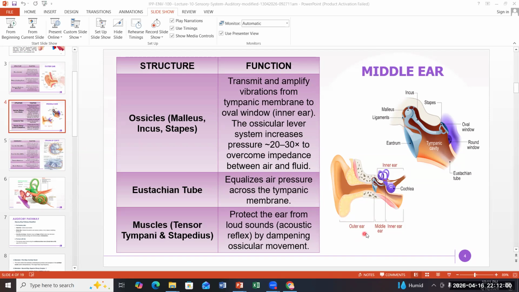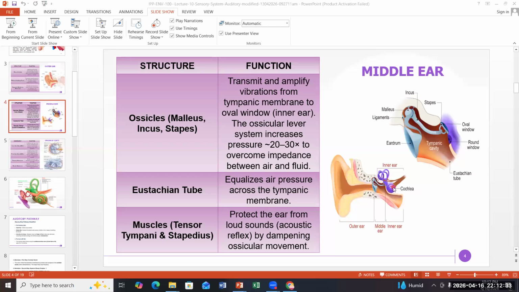the human ear is divided into three parts: outer ear, middle ear, and the inner ear. So the previous slide that was focused on pinna and eardrum, we have already covered. These are the part of outer ear. But if we are focusing on the tympanic membrane and these three bones, the ossicles, the ossicles and the tympanic membrane, they are the part of middle ear.